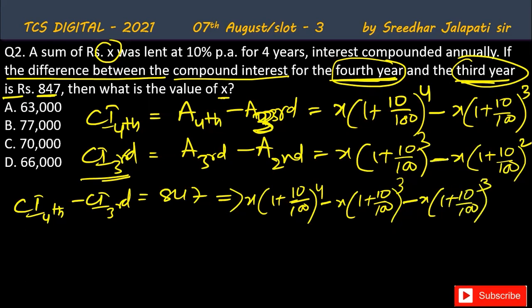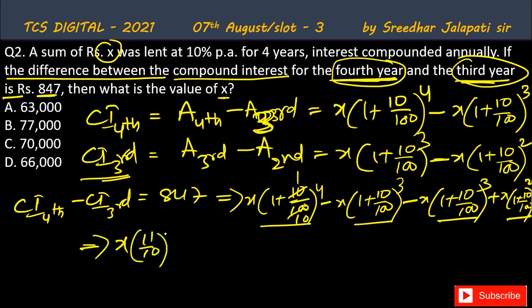While subtracting, this minus becomes plus X into 1 plus 10 by 100 whole square. If I simplify this bracket, I can take X common, and also 1 plus 10 by 100 whole square is common in everything. By the way, 1 plus 10 by 100 is 1 plus 1 by 10, which is 11 by 10. So 11 by 10 whole square is common. As I have taken 11 by 10 whole square, this is power 4.